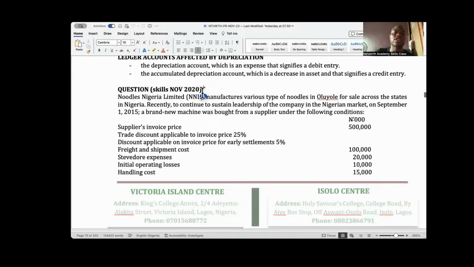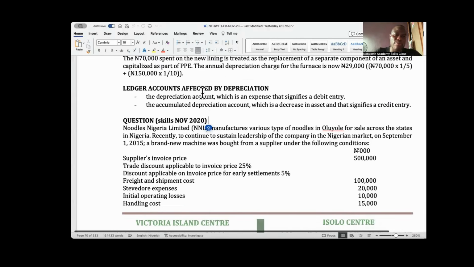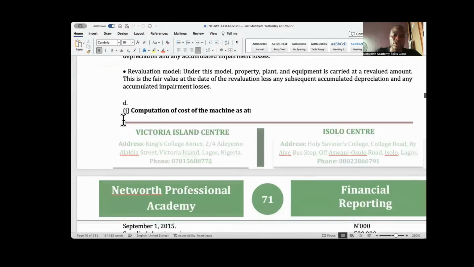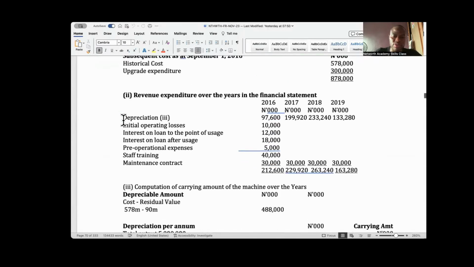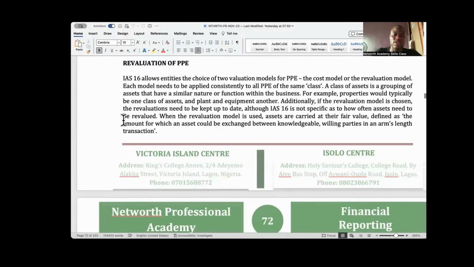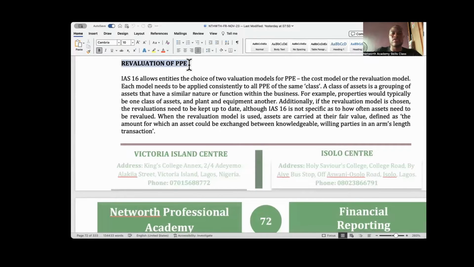So where we're going to start today, before I come back to this question, I want to finish up with the remaining principles around PPE. So I'm going to start with revaluation of PPE. I'm not sure I did that last week, or did we look at revaluation last week?